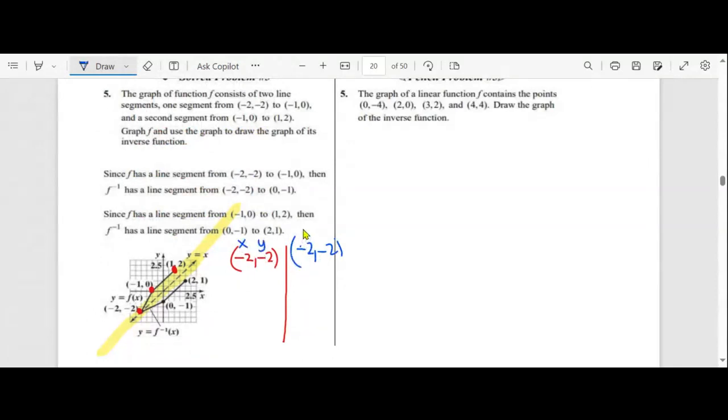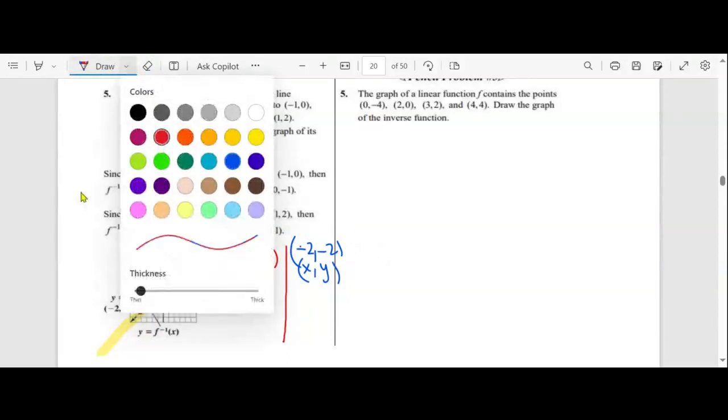This becomes what? Y and x. But in fact, it's still x and y, right? Yes. You understand what I'm saying? Yes. You have to interchange. But in fact, it's x and y. Is this clear?